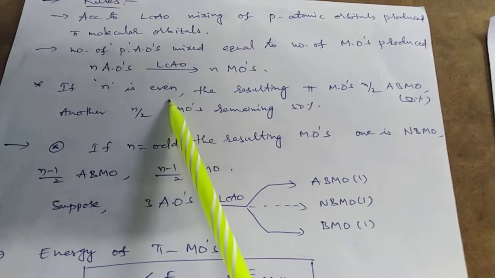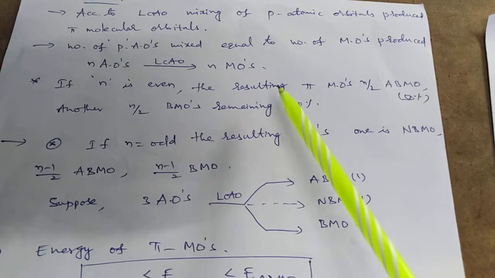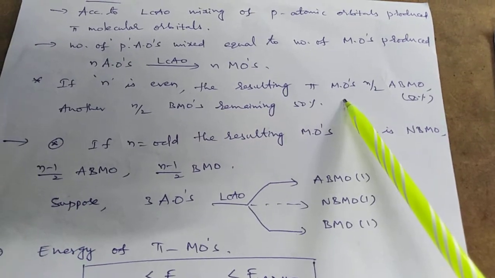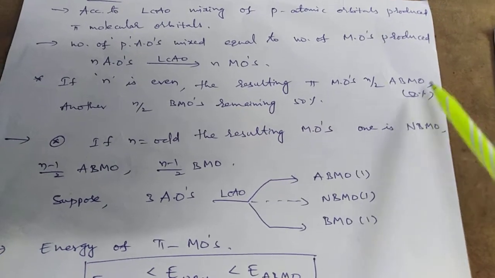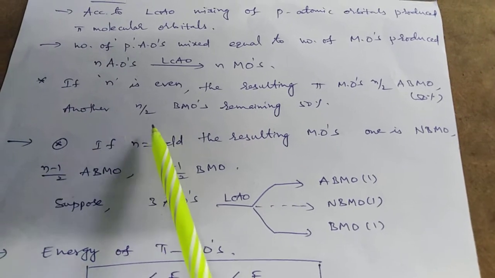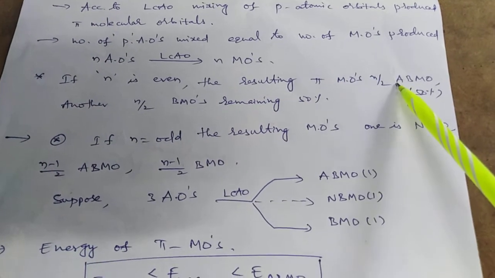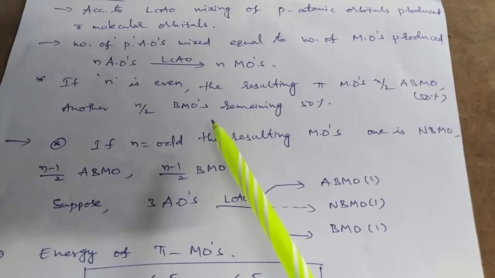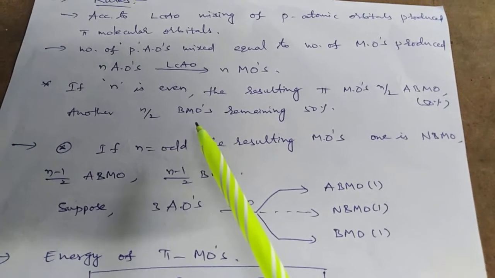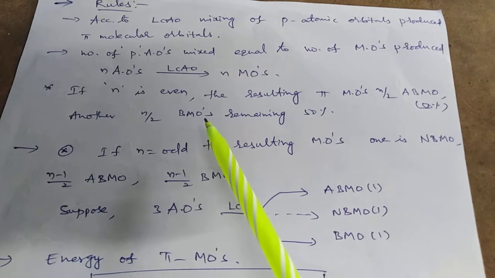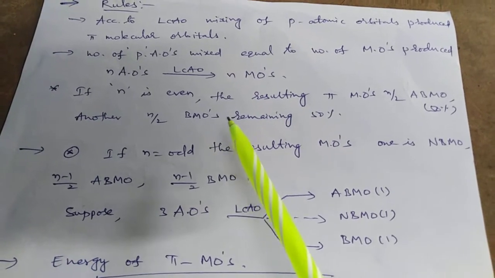If n is even, the resulting molecular orbitals are n by 2 anti-bonding molecular orbitals and another n by 2 bonding molecular orbitals. Therefore, 50% are bonding and 50% are anti-bonding for an even number of atomic orbitals.